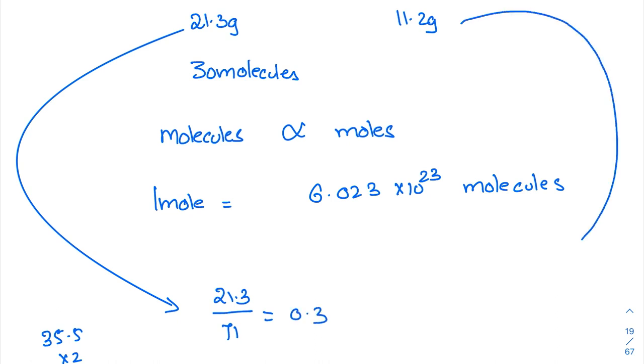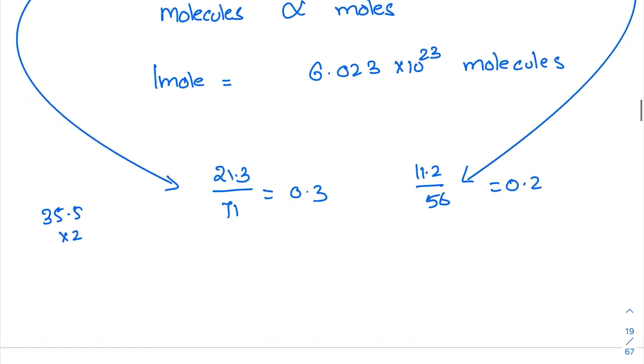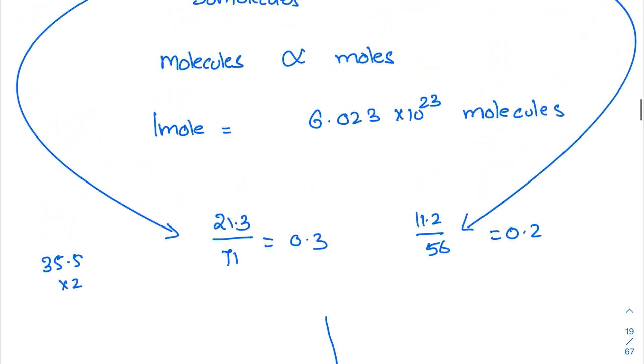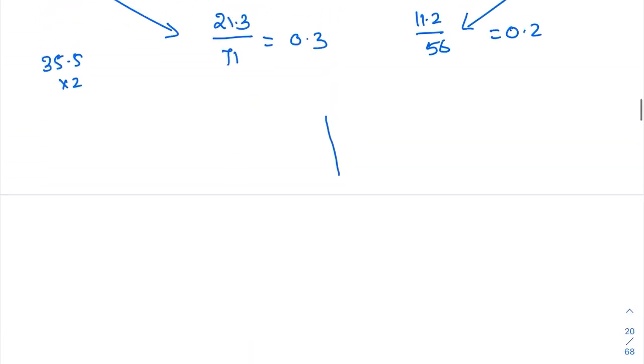0.3. Similarly, I need to calculate how many moles that is for iron, 11.2 divided by 56, which is 0.2. I quickly add a page so that it will be easier to do. So what can I get from there? 0.3 moles of chlorine will require 0.2 moles of iron.